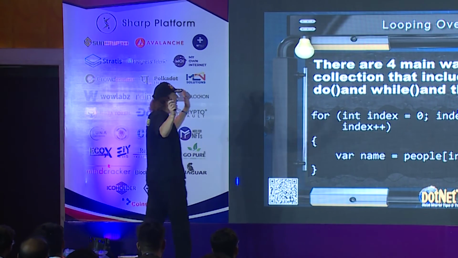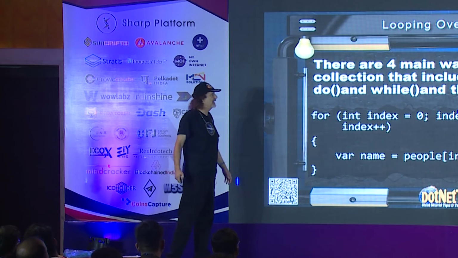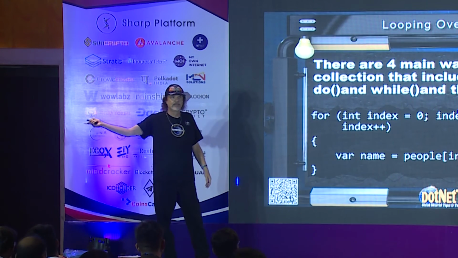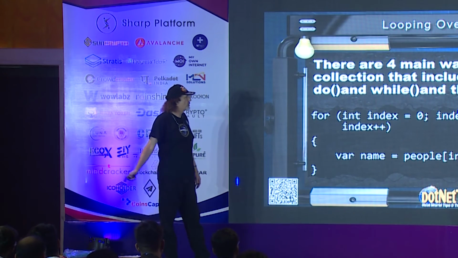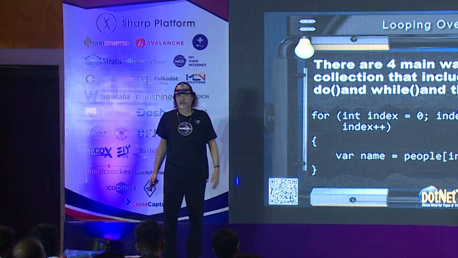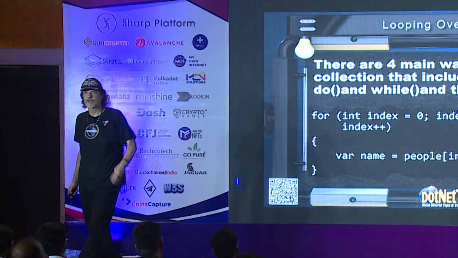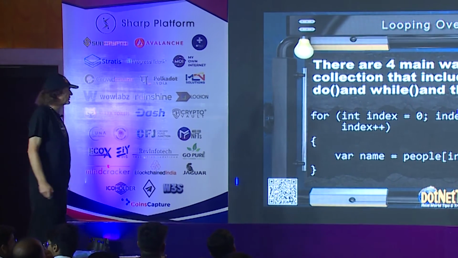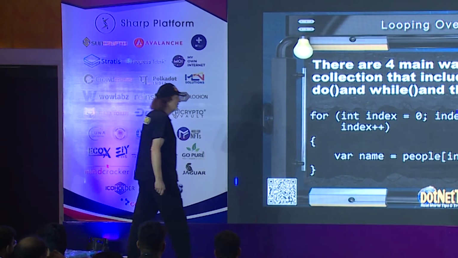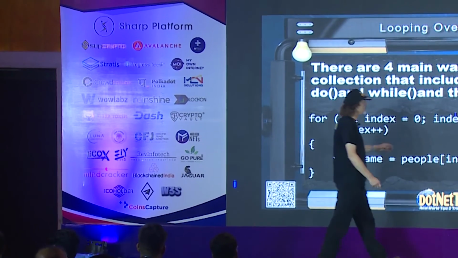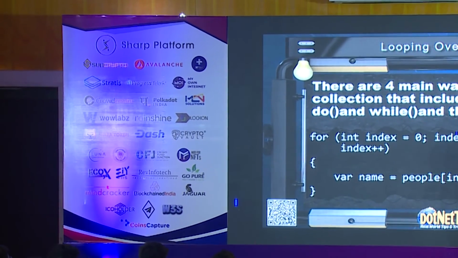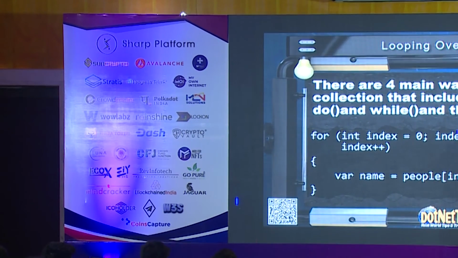There are 4 main ways to loop through a collection in .NET: foreach, do, while, and for. Most people use foreach, because foreach is just simpler, there's less syntax.